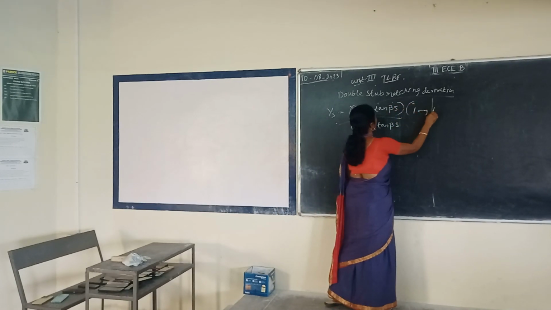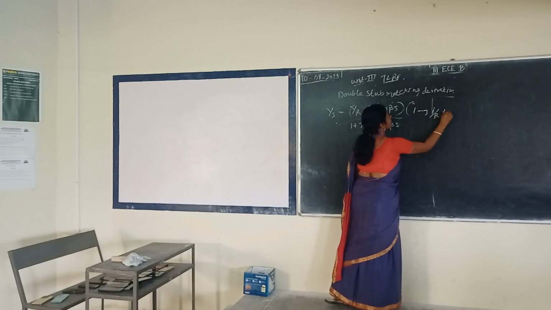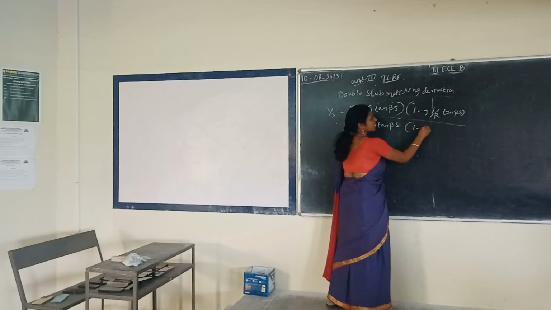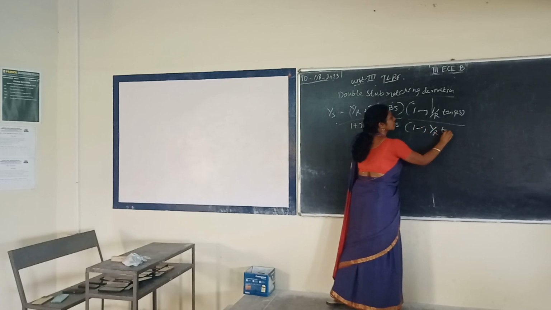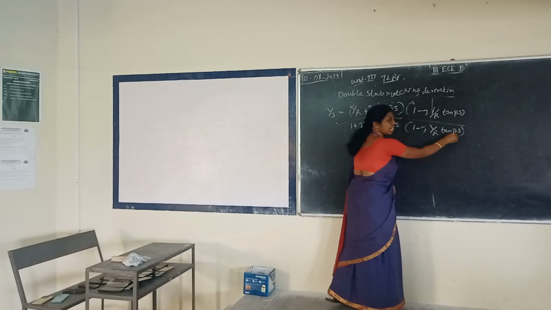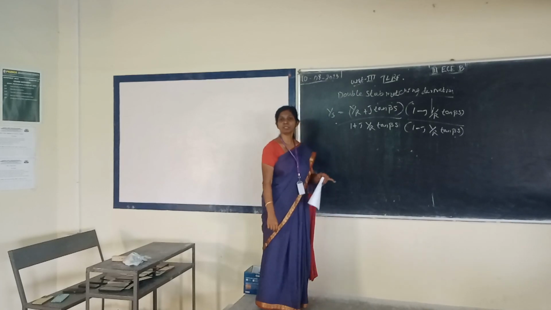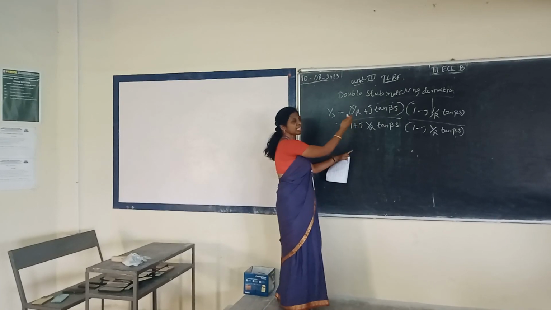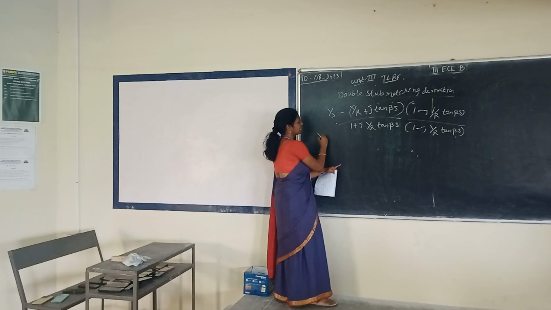1 minus j y r tan theta s by 1 minus j y r tan theta s. Multiply. See, anything into 1 will give you the same answer.